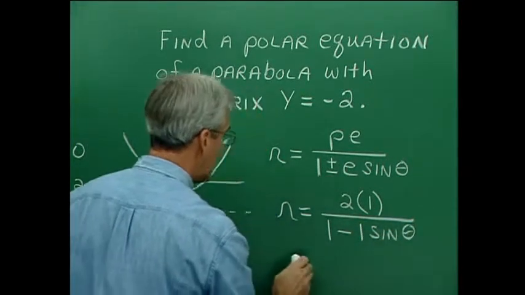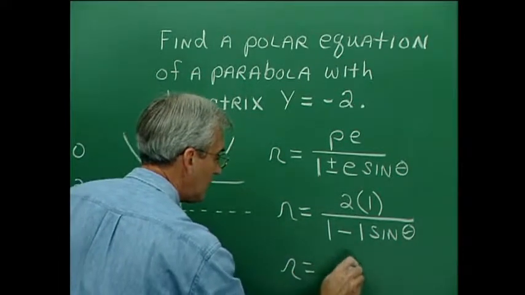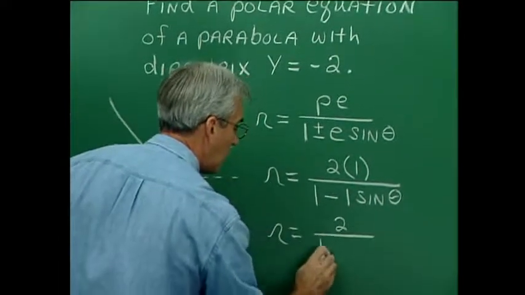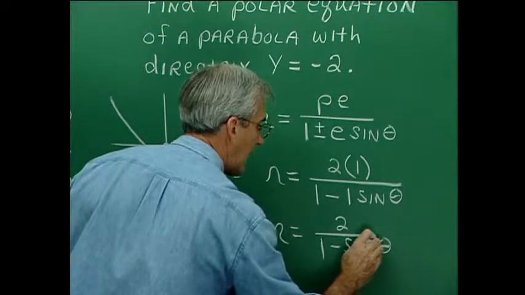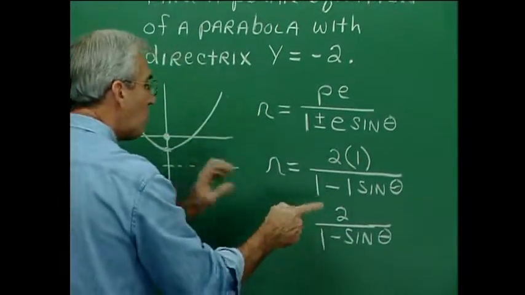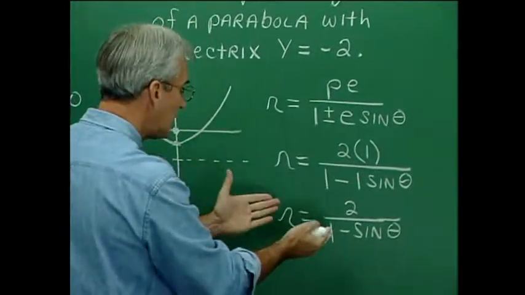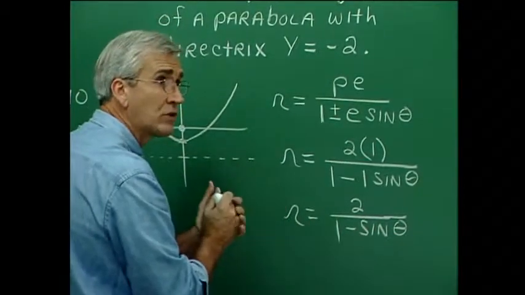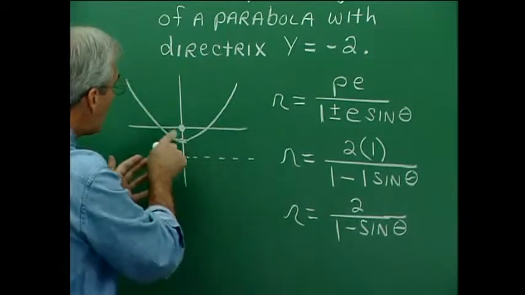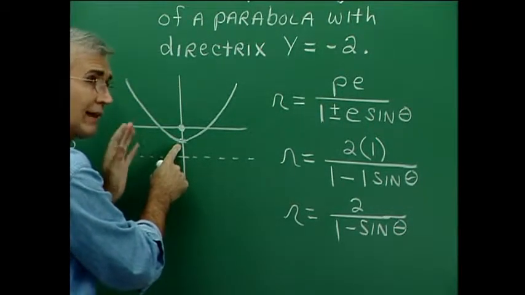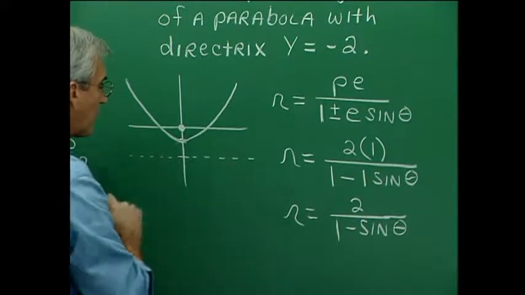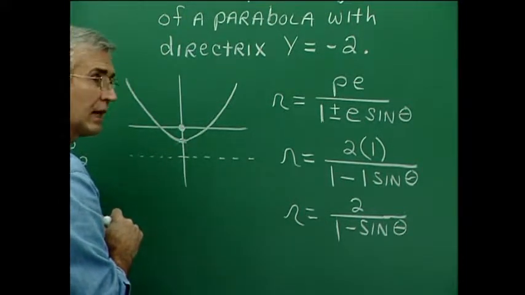And all we need to do is clean this up. So this is 2 over 1 minus sine theta as the equation associated with this information. This should give us a graph which is a parabola whose focus is here and whose vertex is at (0, -1), and the directrix for that parabola would be down here at y equals -2.